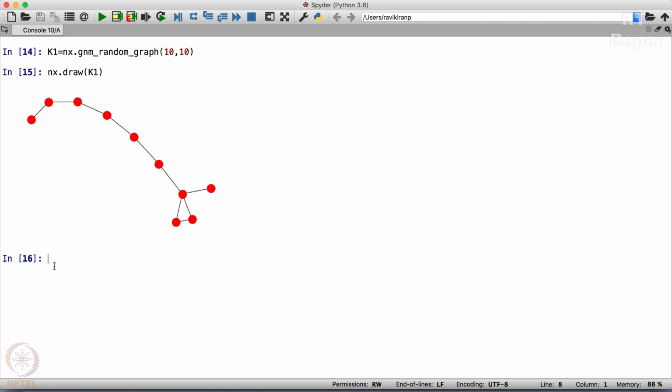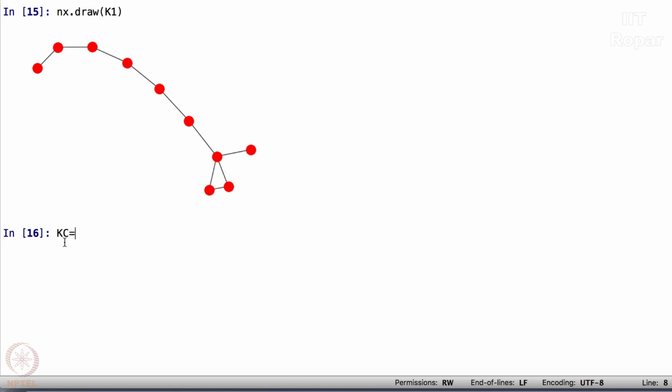Now let us check the complement of K1. Let me name that as KC equals nx.complement of K1, right? And let us draw it, nx.draw(KC).